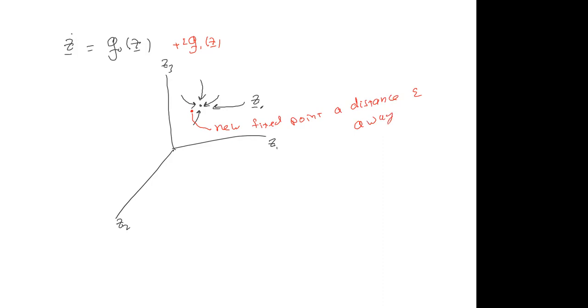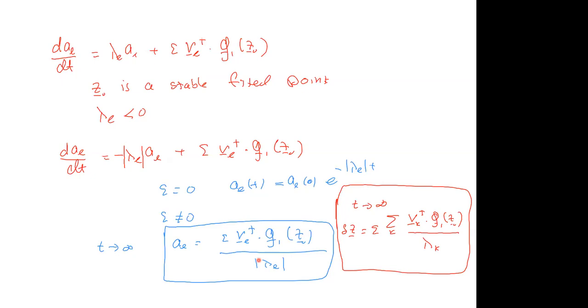And there's one important thing to notice: we divided by lambda. Oops, it needed to be epsilon lambda K. So we divided by epsilon lambda K. So what we really need is epsilon small compared to all the eigenvalues. If one of these eigenvalues is really small, which means a barely attracting fixed point, epsilon had better be 0. Okay, so that's the situation.